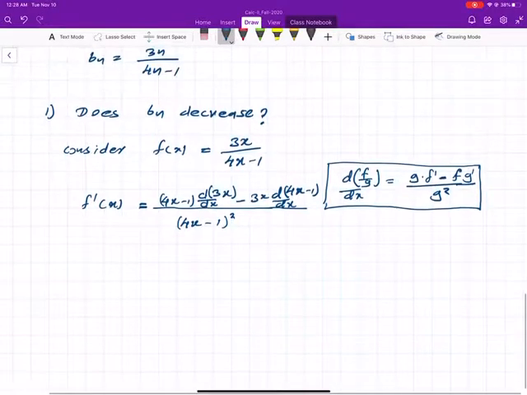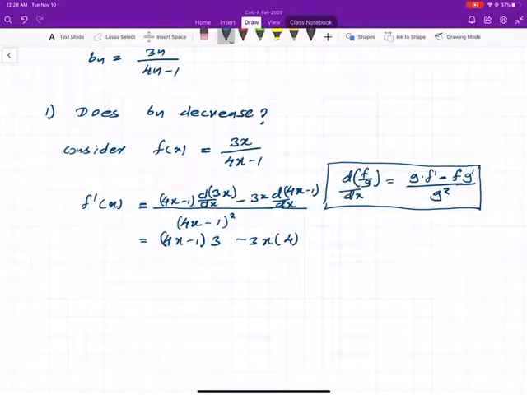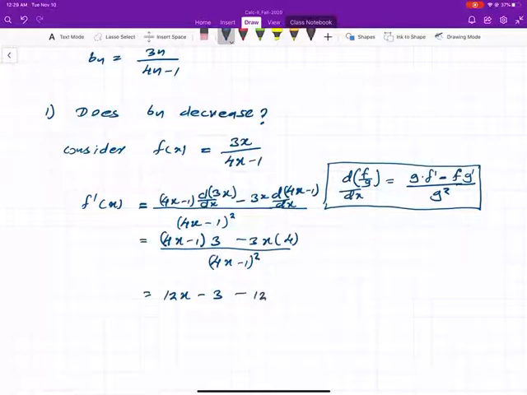Alright, so this will be 4x minus 1, the derivative of 3x is 3, then 3x, the derivative of 4x is just 4, divided by 4x minus 1 squared. So this is actually 12x minus 3 minus 12x.